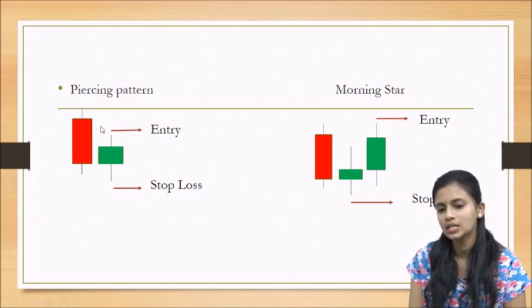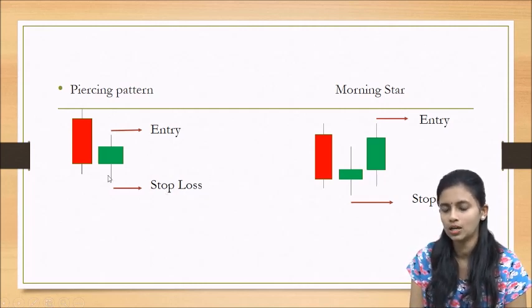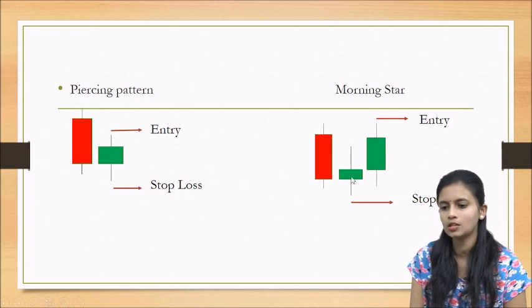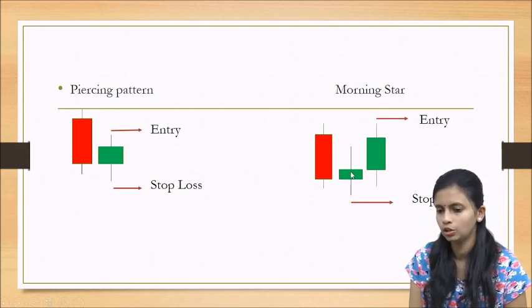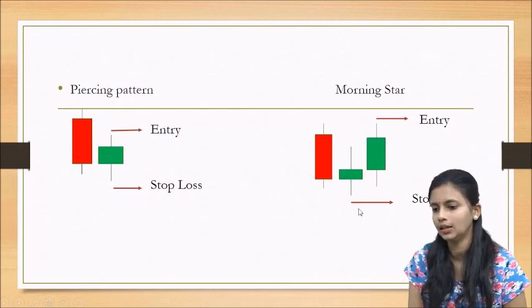Now here what you are doing is you are not waiting for the third candle to form. Your entry will be directly at the second candle. An improvisation of this pattern is morning star. Since a small doji is formed here, you just don't want to take the risk. You will wait for another green candle to form.